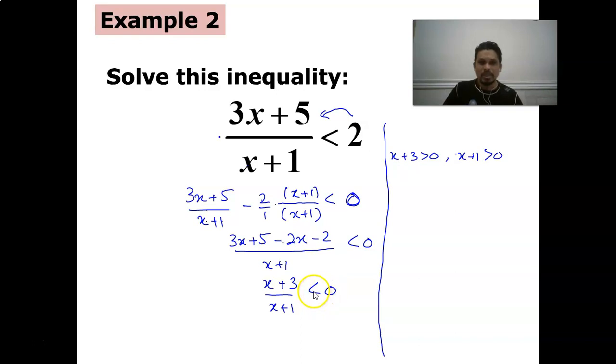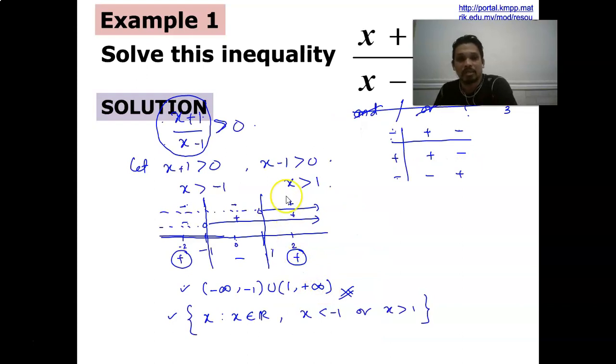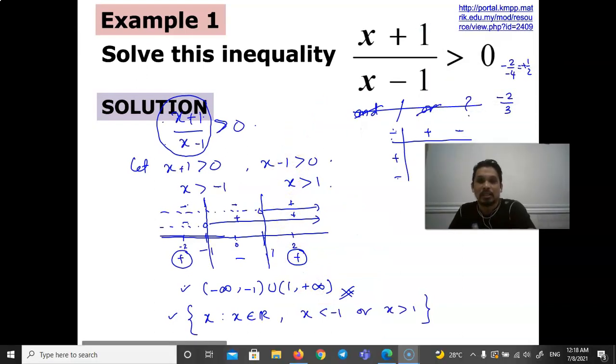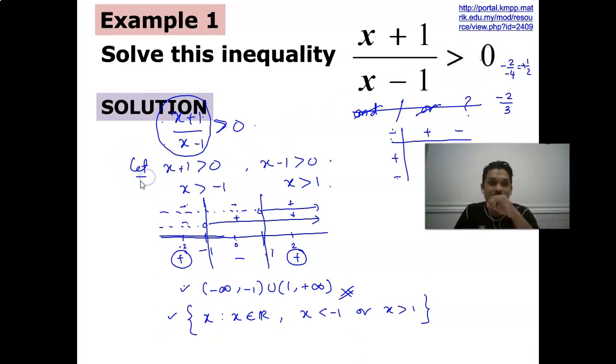in the previous example, we got this one is greater than 0. Okay, in the previous slide, we can see clearly that it is greater than 0. Okay, and then we just use the term let or assume. Okay, andaikan.